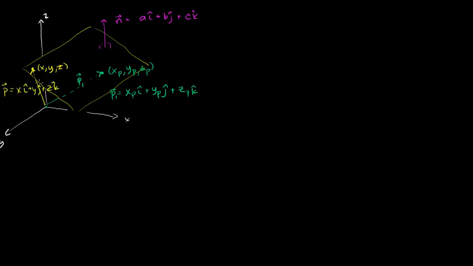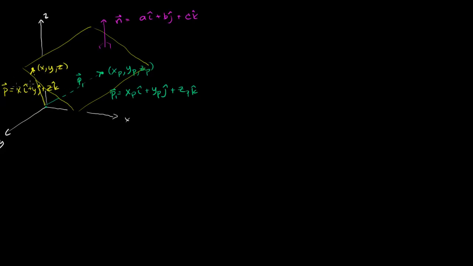Now, the whole reason why I did this setup is because, given some particular point that I know is on the plane and any other x, y, z that is on the plane, I can construct a vector that is definitely on the plane. And we've done this before when we tried to figure out the equations of a plane. A vector that's definitely on the plane is going to be the difference of these two vectors. I'll do that in blue.